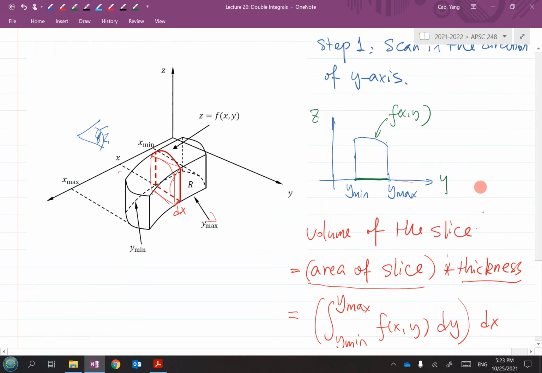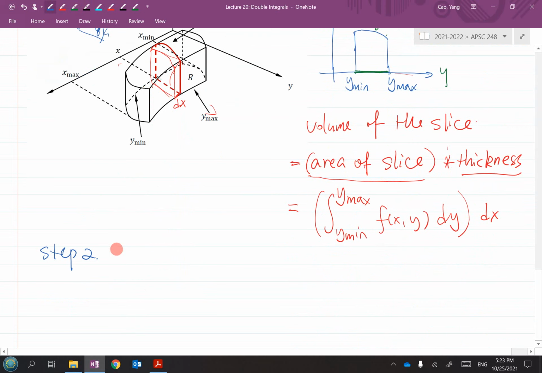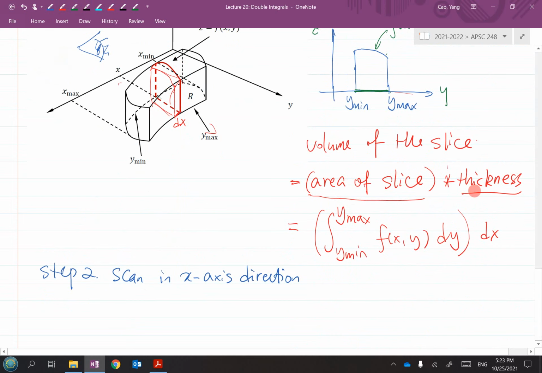Step 2. Once you've done the scan, step 2 is to scan in the x-axis direction. Scan in this direction basically means you are going along the x-axis direction.